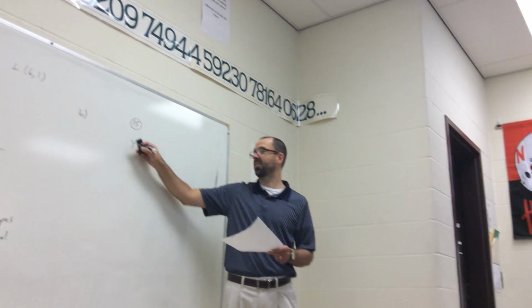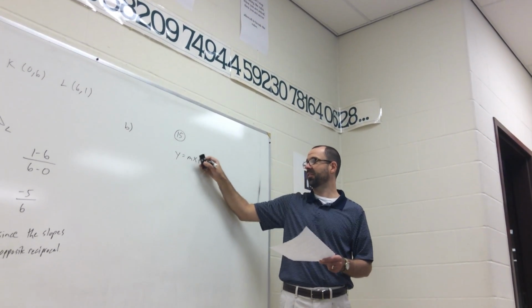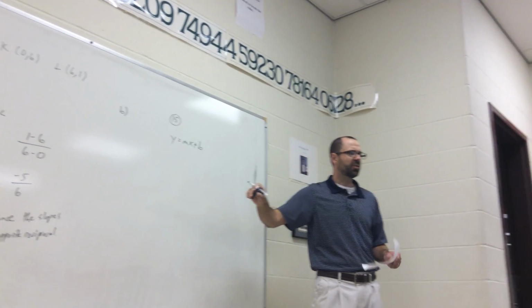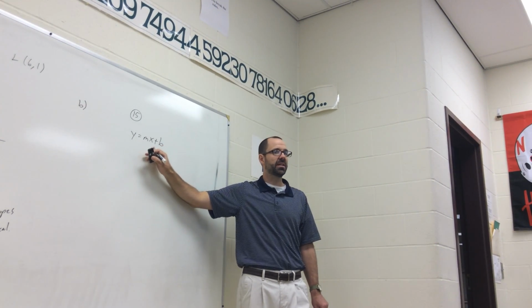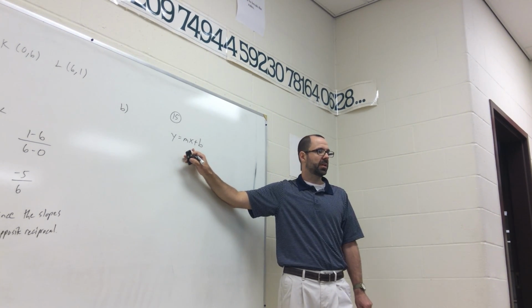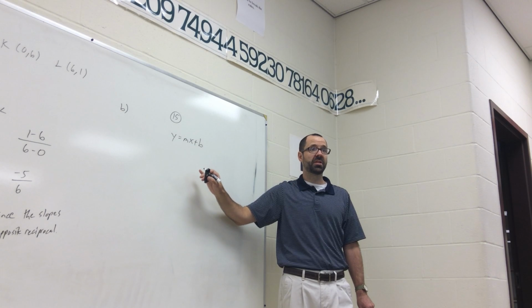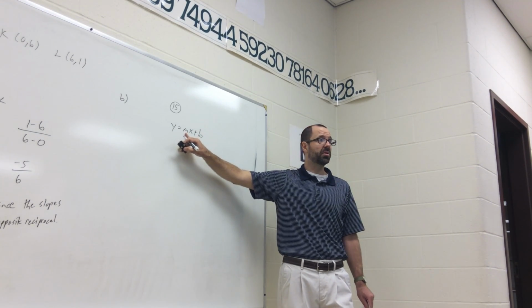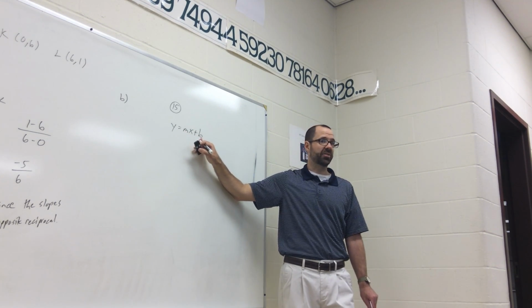I don't know if anybody's going to think of this. Okay, yeah, sure, why not? Okay, good. One of them is y equals mx plus b. Awesome. I thought it was somewhere in there. Okay, so when you have y equals mx plus b, that's called slope-intercept form. And the reason it's called slope-intercept form is because the m is the slope and the b is the y-intercept.